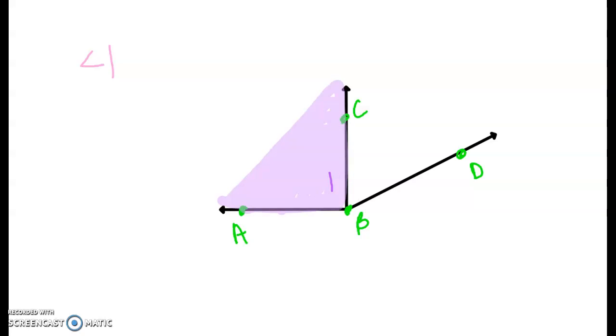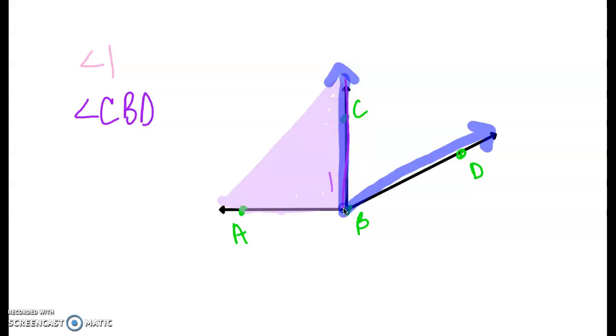If I asked you to label this angle right here on the right-hand side of my figure, notice there's no number, so I don't have that quick, easy option to label it, but remember your other method of letters. So this would be CBD, or you could go the other direction and do DBC. So either way, completely acceptable.